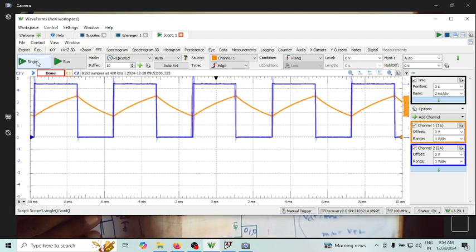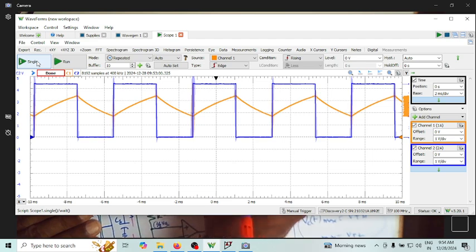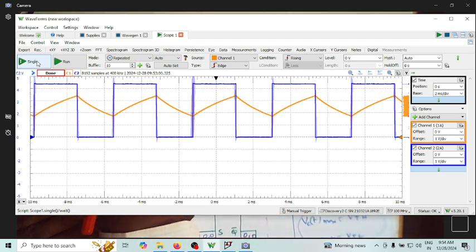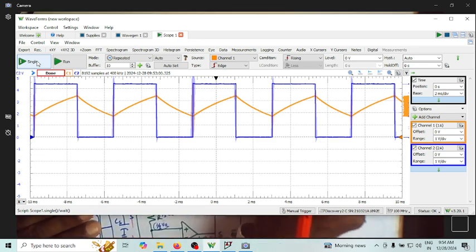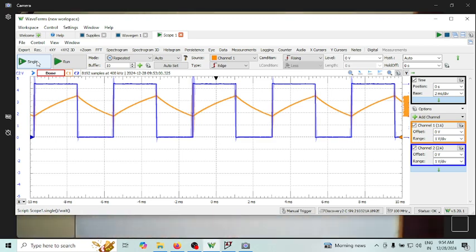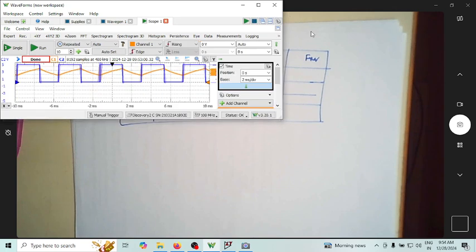These are the practical values that I may get, because I leave it to you to conduct the experiment on different values of R1 and R2, and note the duty cycles and frequencies in different cases. I'm just giving a clue here. This is what I'm trying to do now.